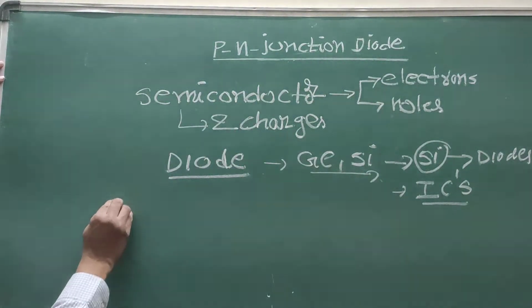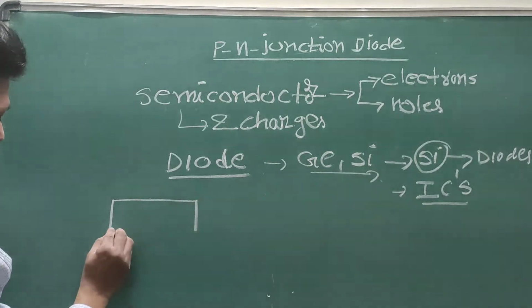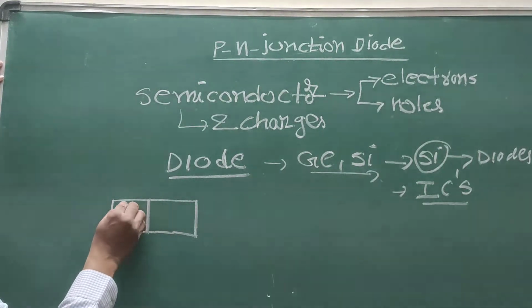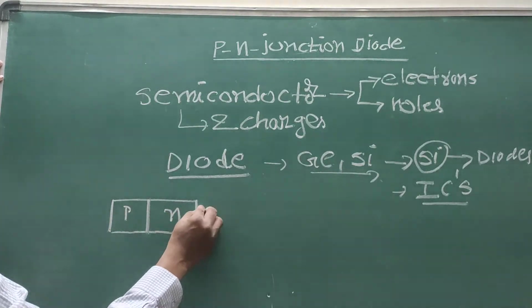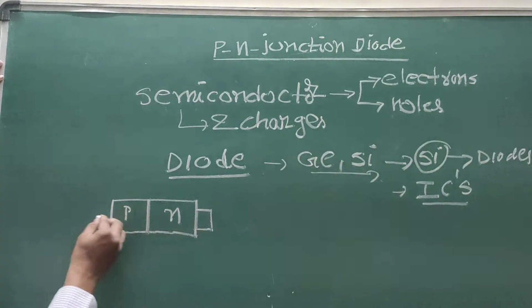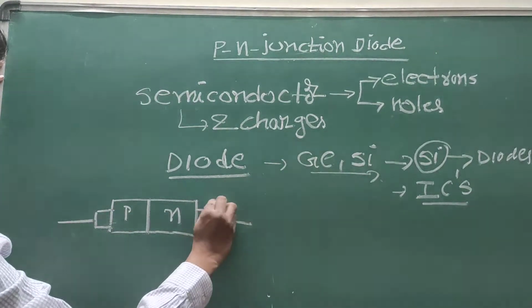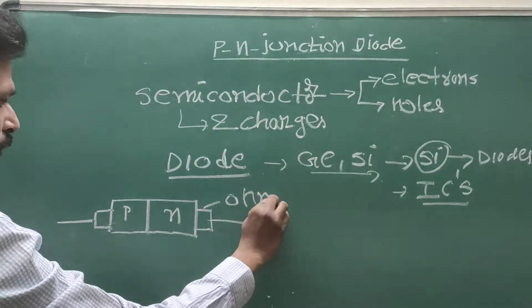First thing is that this is called the schematic representation of PN junction diode. One side is named as P type, other side is named as N type. Those two are connected through ohmic contact. This is named as the ohmic contact.